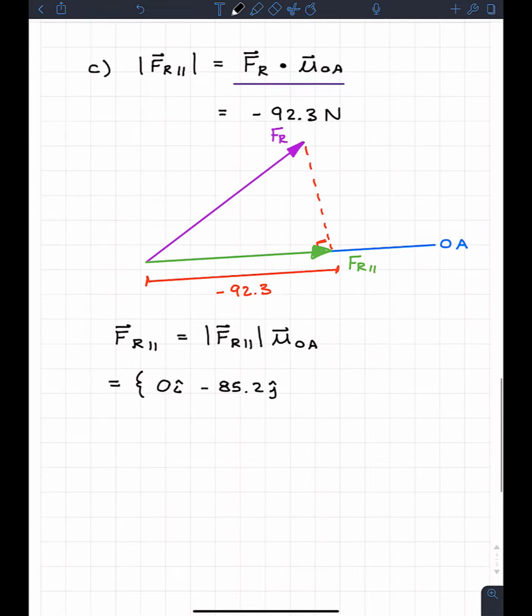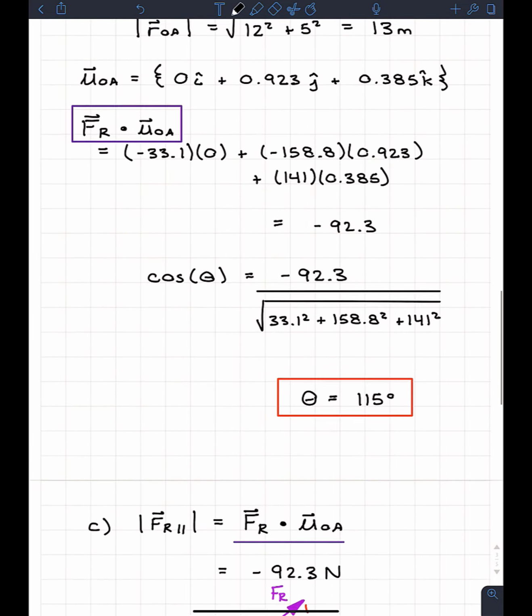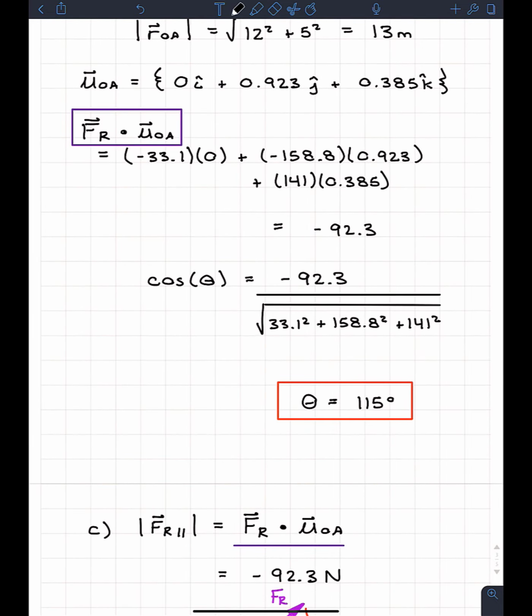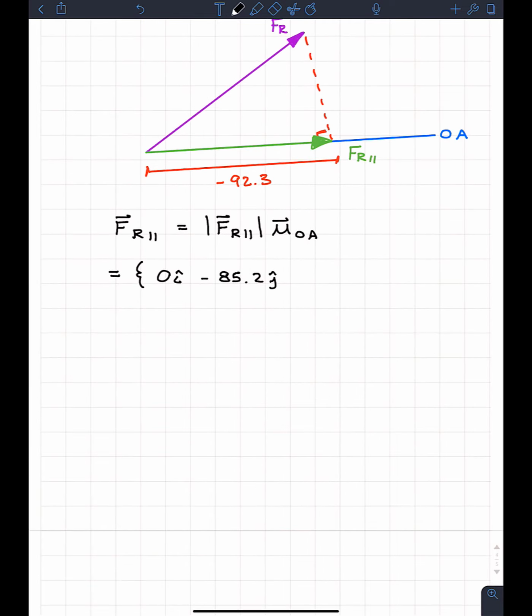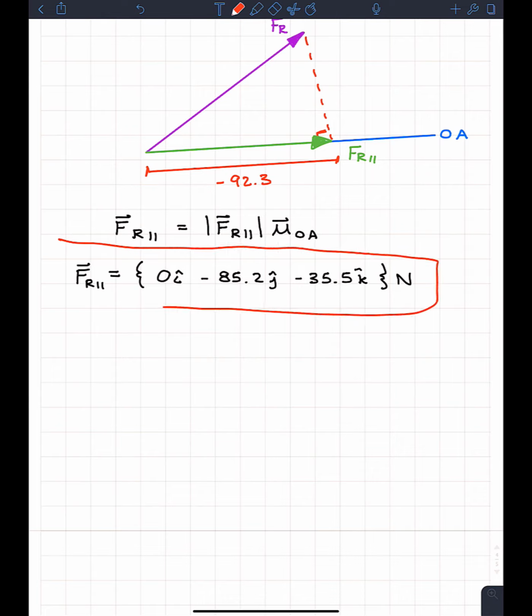And then finally, we're going to take that magnitude, multiply it by the k component, which is 0.385, and we get negative 35.5, and that'll be in the k direction. We can end the squiggle brackets and put our units of newtons. So since this is a final answer, I should probably put FR parallel out in front so everybody can see exactly what it is. And I put a nice box around it.